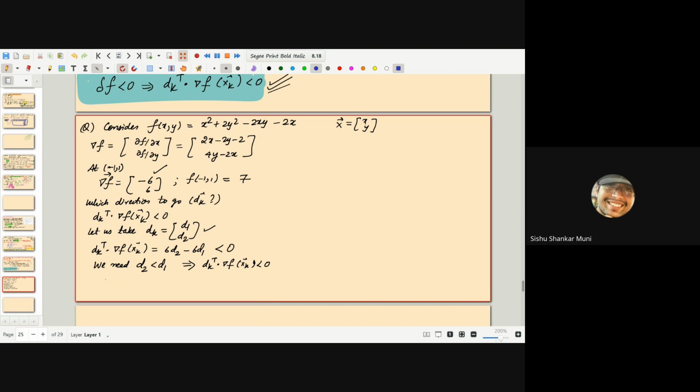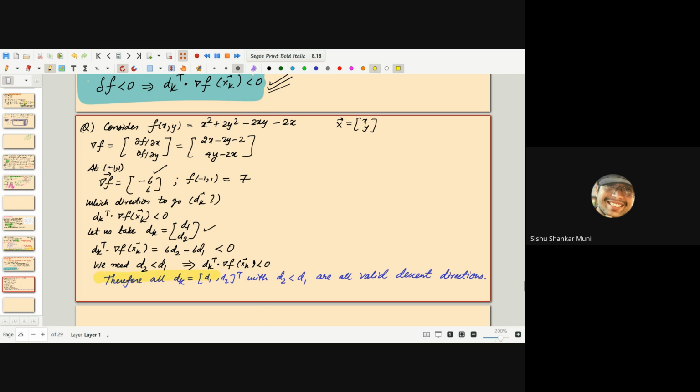What I am about to write: therefore, all dk that is equal to (d1, d2) transpose with d2 less than d1 are all valid descent directions. You can reach the optimum of the function through any of these directions where d2 is less than d1.